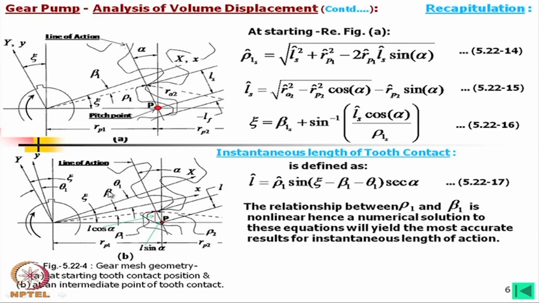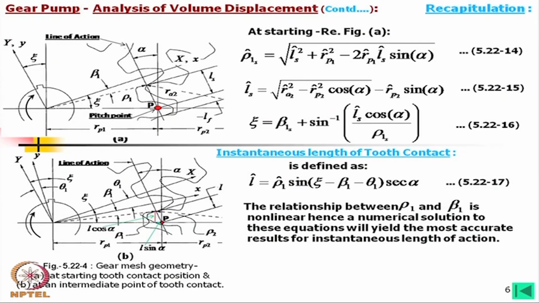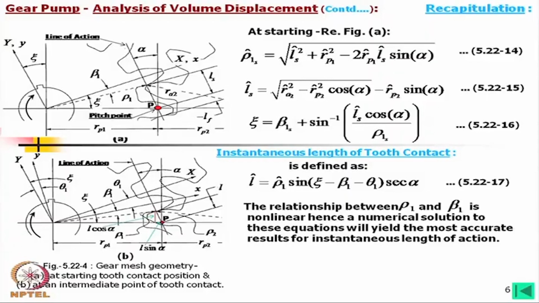Now, we have to take care of this alpha. Say here we consider gears generated with a standard pressure angle, say 20 degree pressure angle. Then if they mesh at their standard pitch circle radius, then alpha remains constant, that is, the working pressure angle remains the same as 20 degrees.